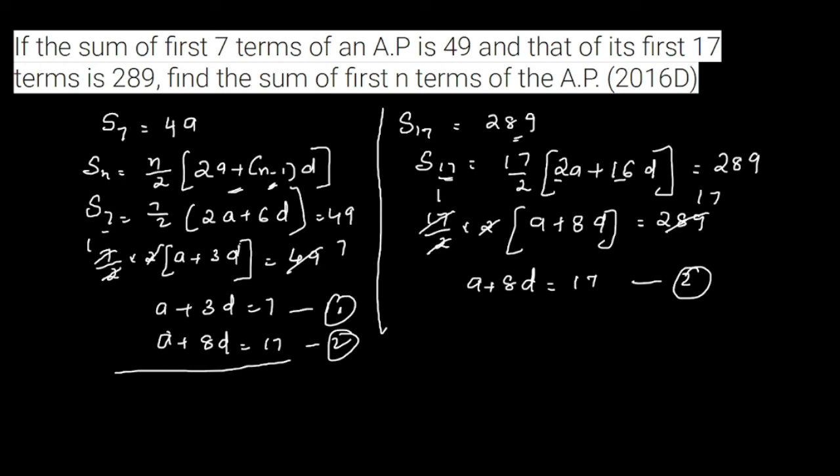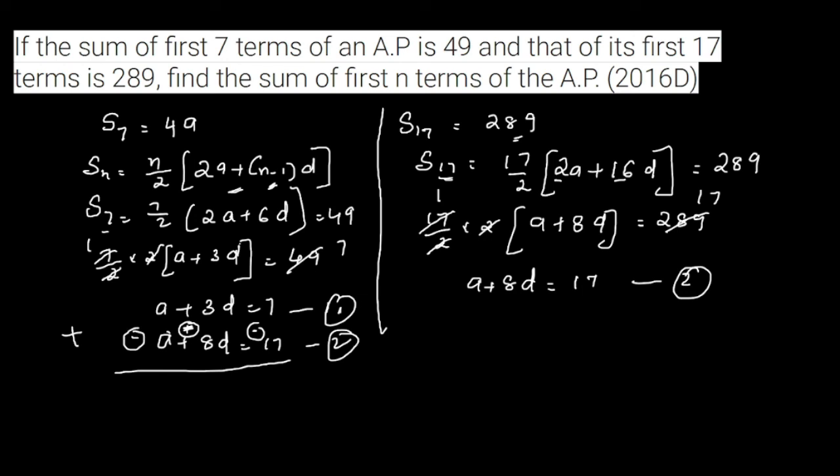So the second equation's signs will change. Plus a will become minus a, plus 8d will become minus 8d, and plus 17 will become minus 17, right? Now we have to add the first equation and second equation.